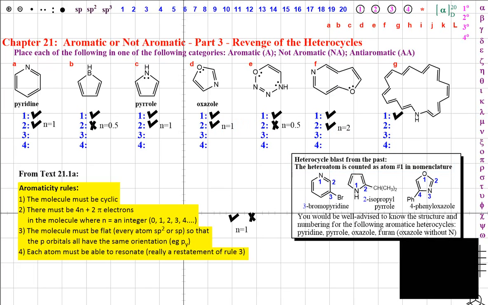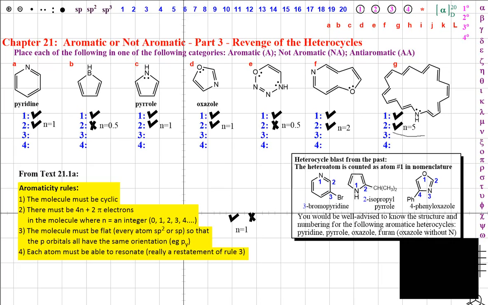Our final example: the nitrogen must use its lone pair, or else it will not be able to resonate. So that counts for 2. Remember, we started with nitrogen down here, a rather large molecule. 2, 4, 6, 8, 10, 12, 14, 16, 18, 20, 22.